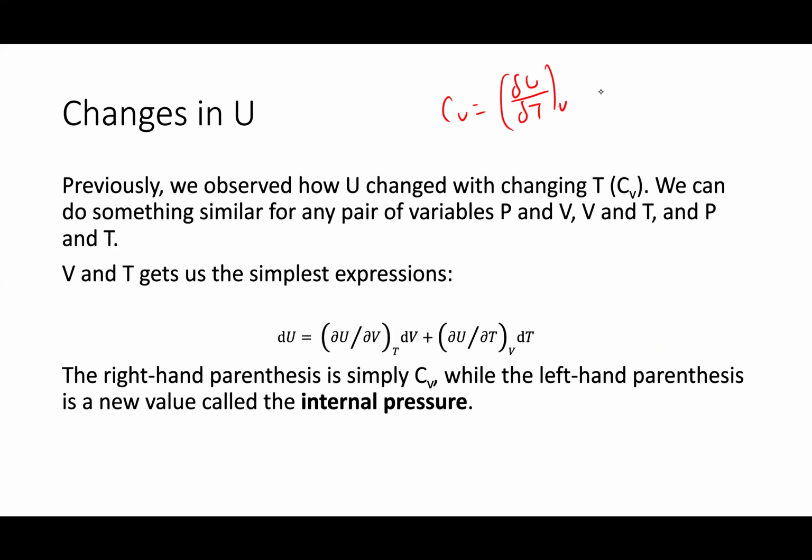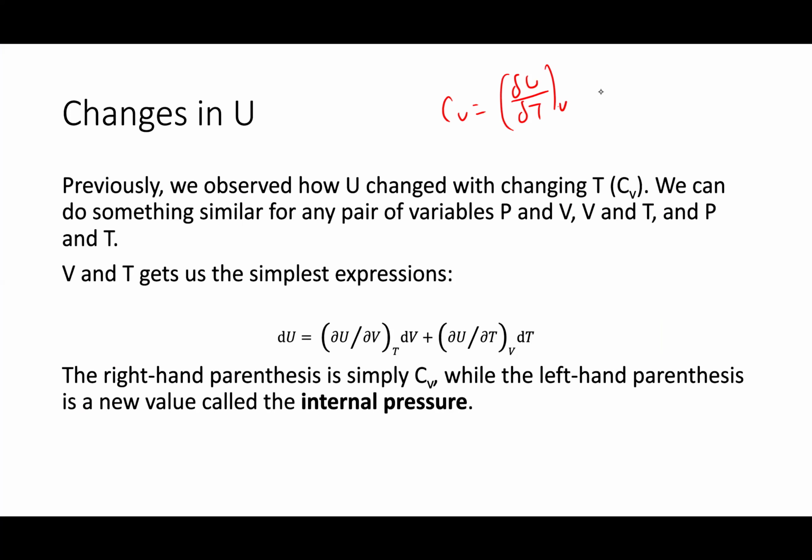Here we'd have dU going to be the partial dU over dV at constant temperature times dV, and then dU over dT at constant volume times dT. The partial derivatives kind of added together.